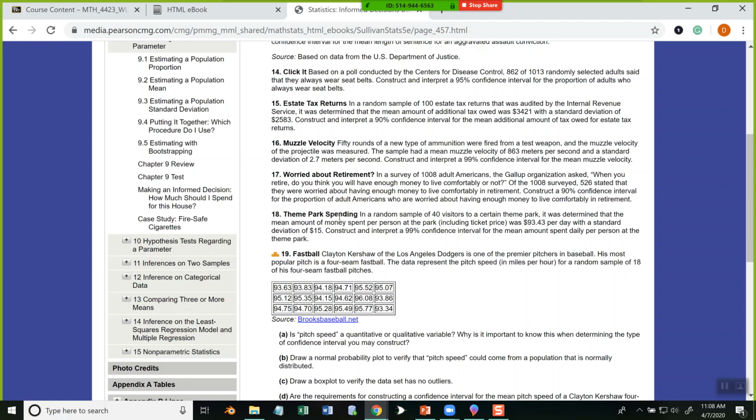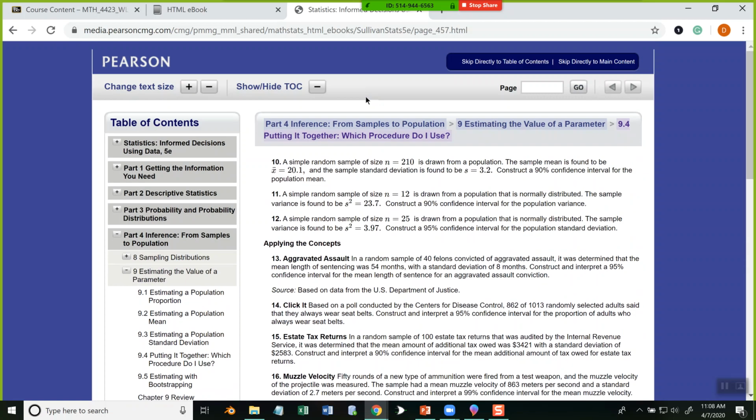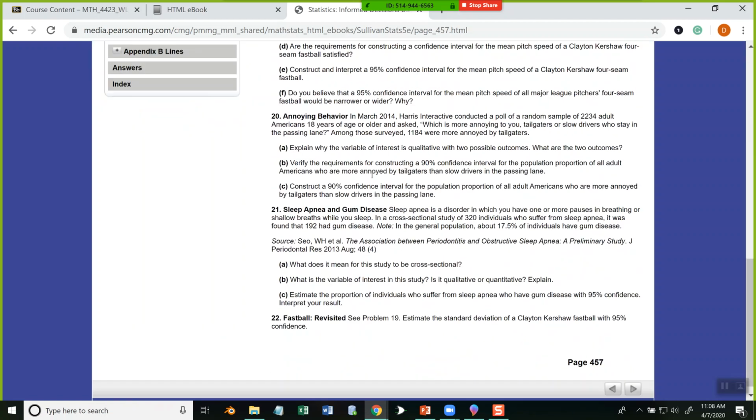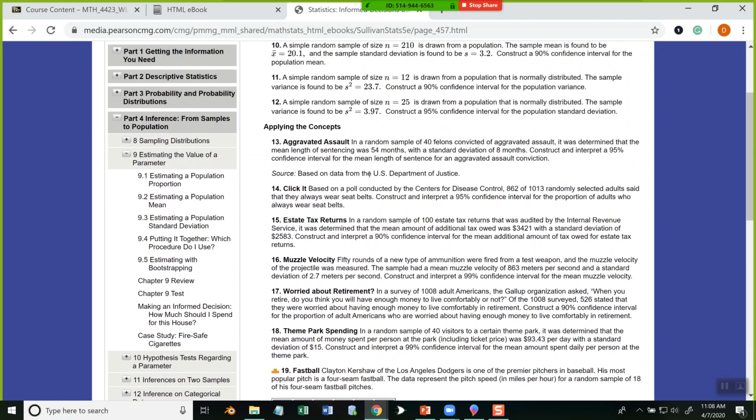Every one of the problems revolve around confidence intervals and sample size, because that's really all we did in this section or chapter. Okay, number 14. This is on some page. I'm looking right at it. Page 457 in the ebook.